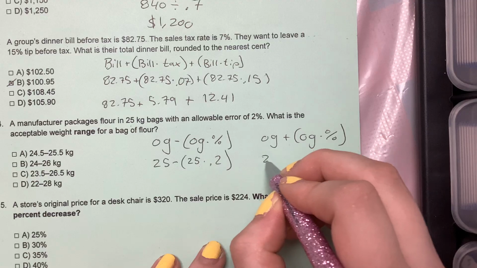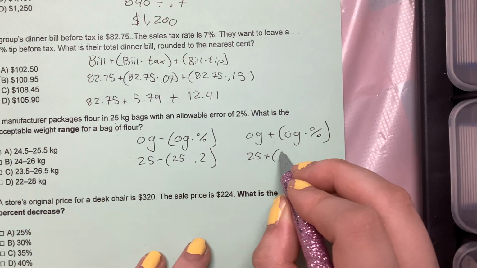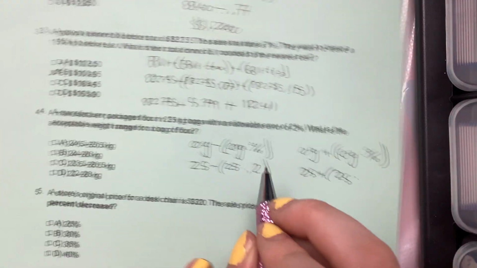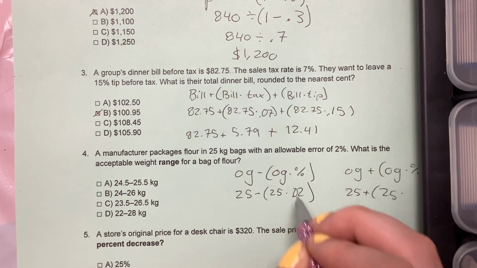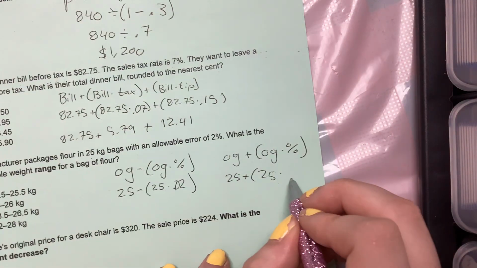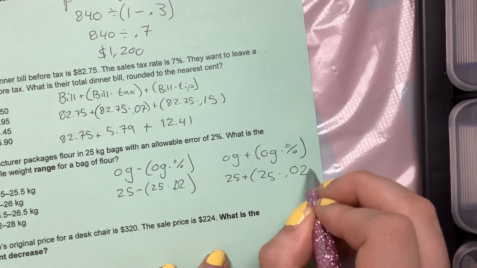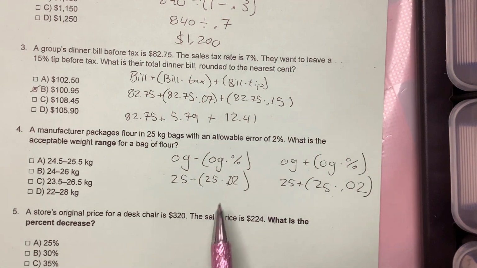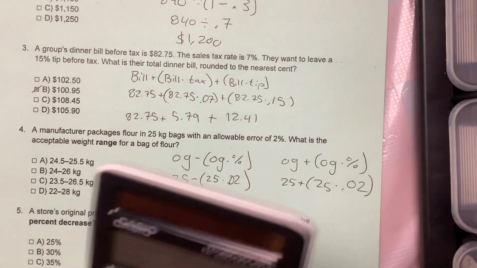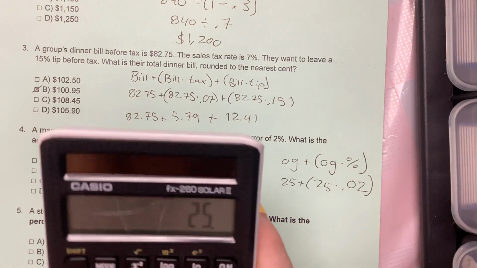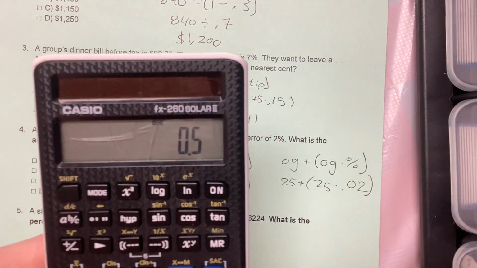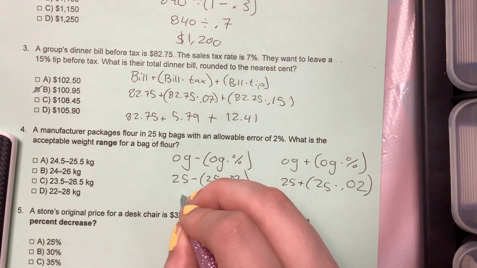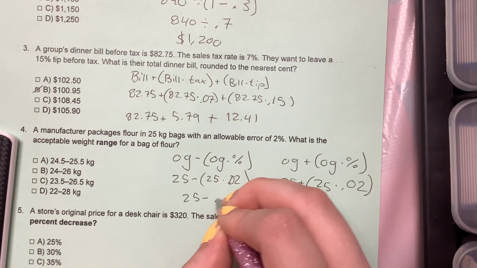Okay, now this one is 25 plus 25 times 0.02. Now we have to calculate these all out. Okay, 25 times 0.02, we'll do it on a calculator. 0.5. So now it'll be 25 minus 0.5.